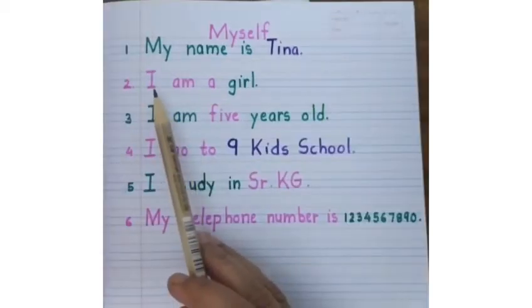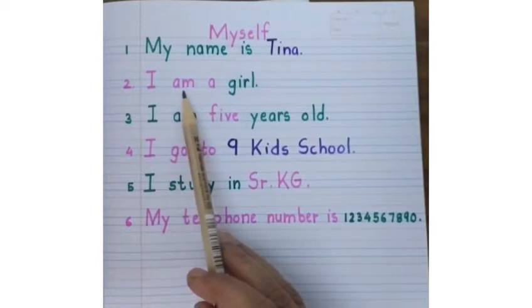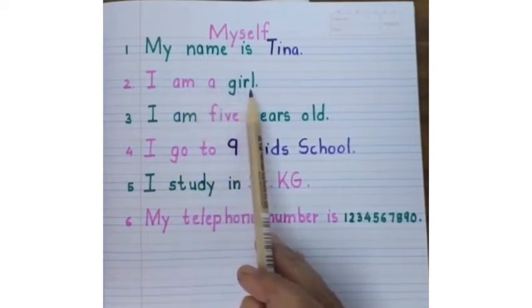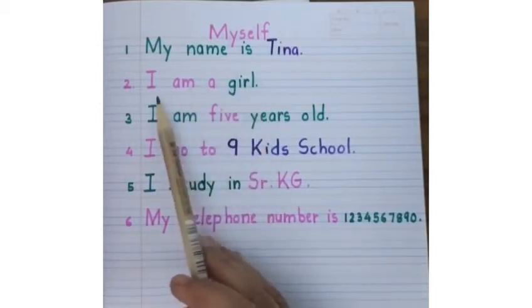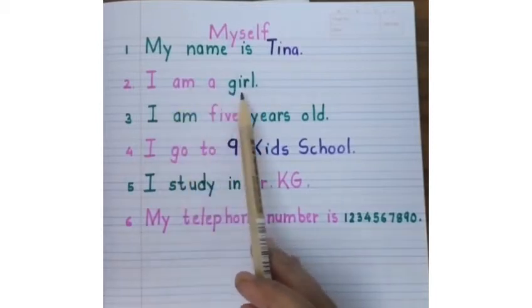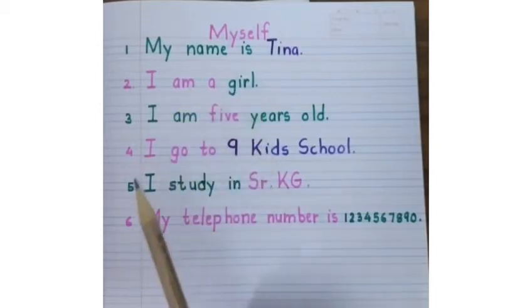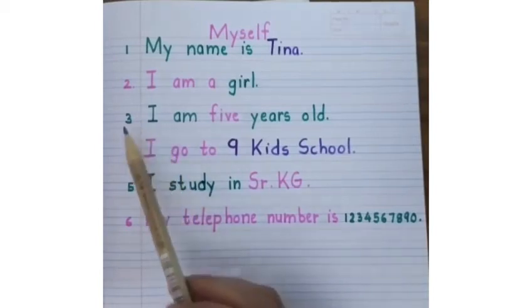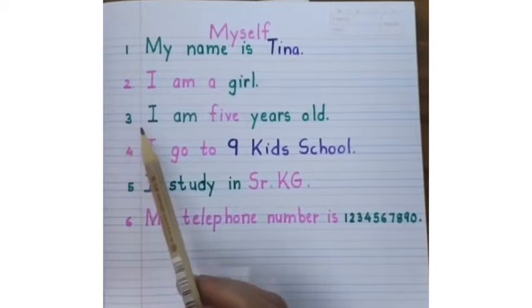Second sentence. I am a G-I-R-L girl. I am a girl. Now, how old is Tina? She is 5 years old. So, the third sentence.